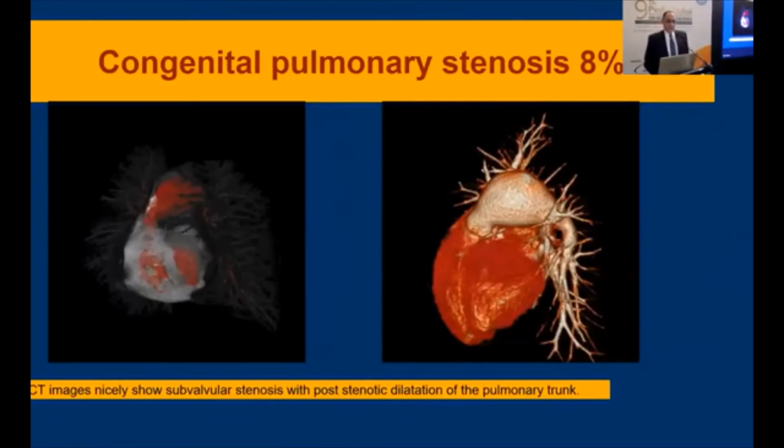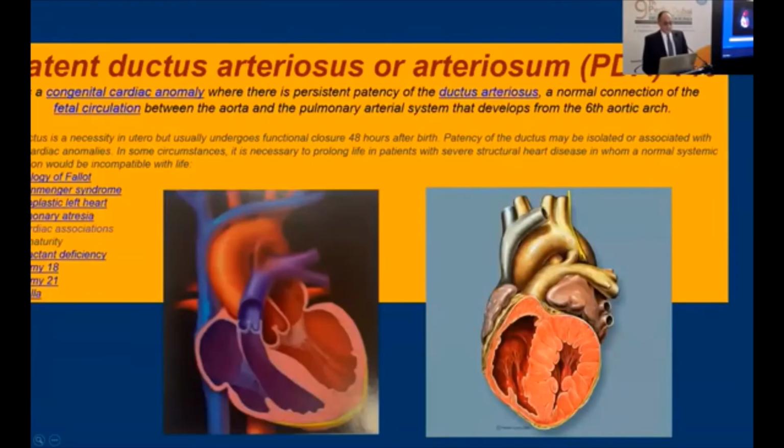Congenital pulmonary stenosis, a very nice image by CT angiography and volume rendering, shows the stenosis of the pulmonary artery and post-stenotic dilatation of the pulmonary artery. PDA, or patent ductus arteriosus.